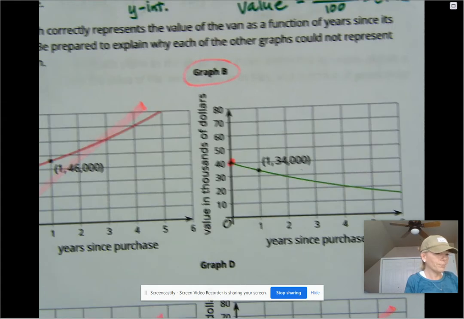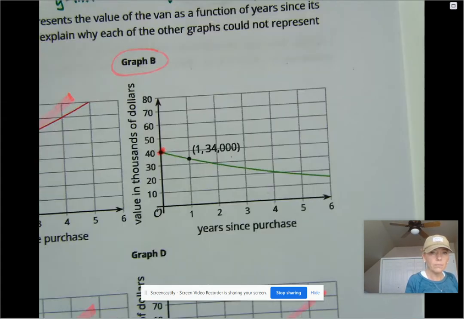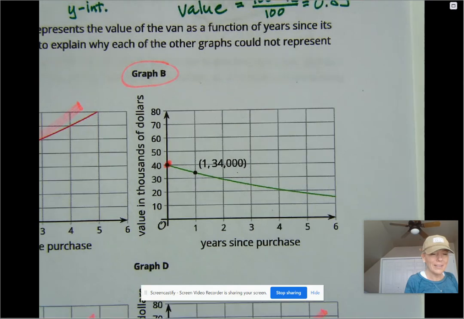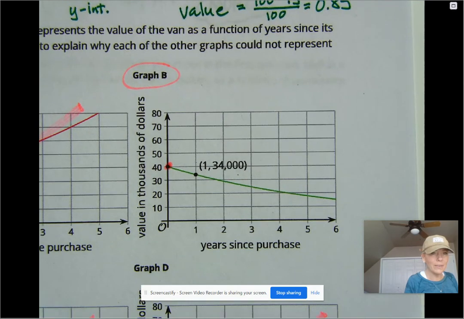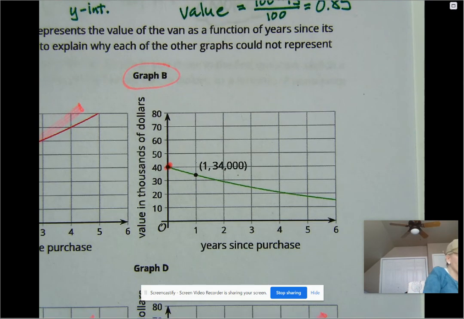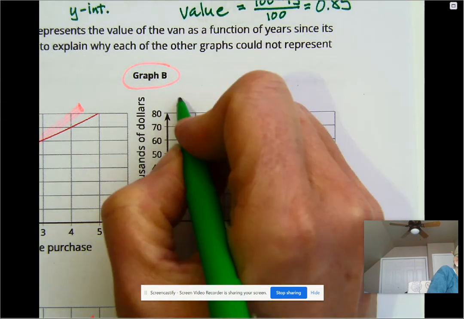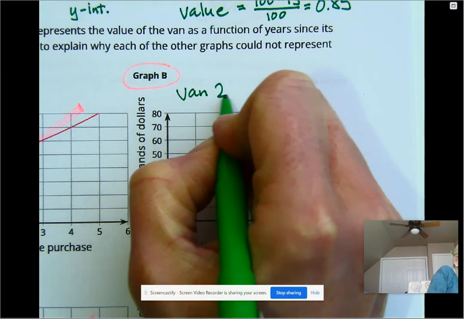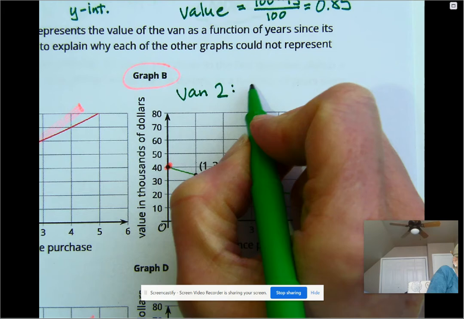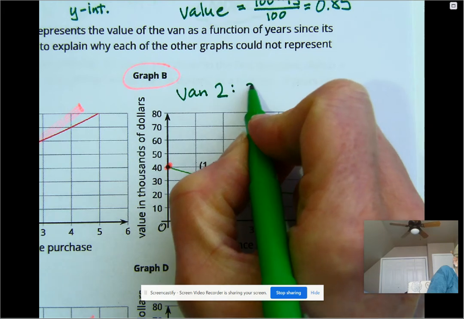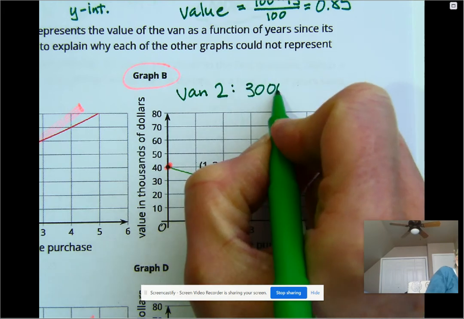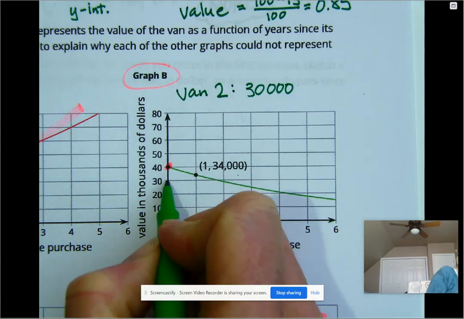All right, that looks good. Okay, so I'm going to call this van 2. Remember, it was purchased for $30,000. Okay, so it's going to start right here.